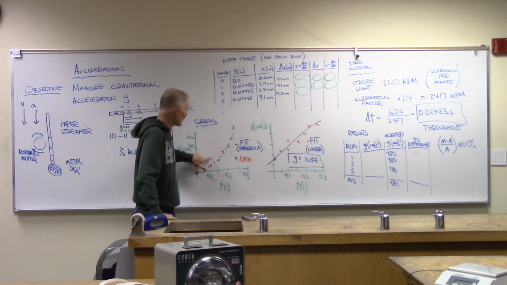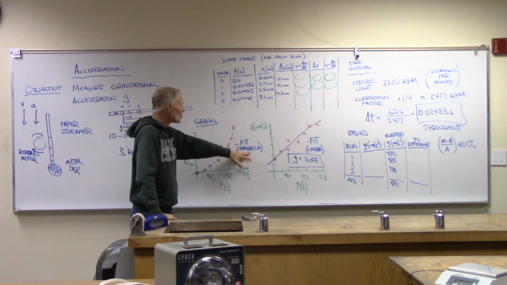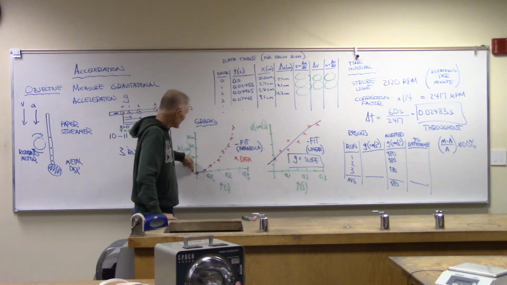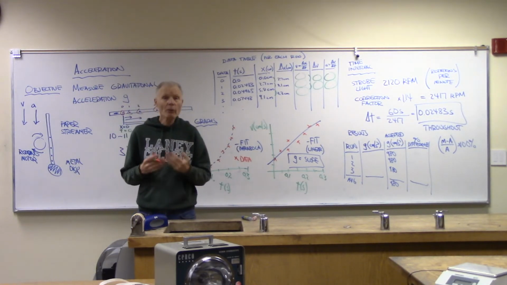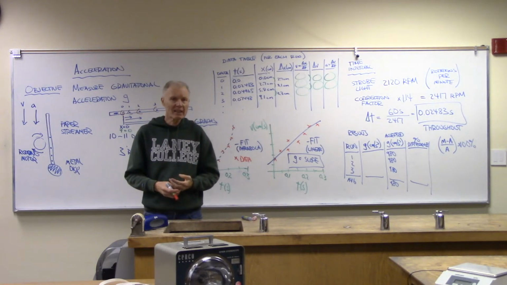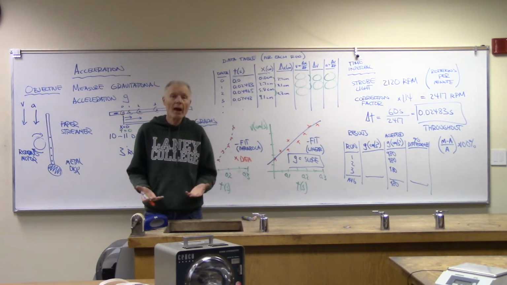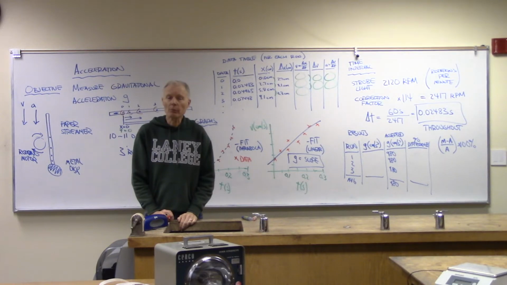Here I've labeled all my data points. Now, there's what's called a fit line or a fit curve. That's usually a simple function that represents what the data is doing. With this lab, we actually expect that to be a parabola.